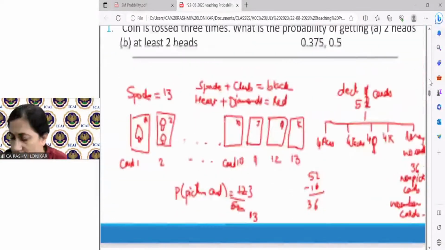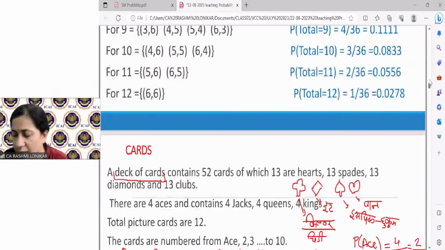Then we talked about cards. There are 52 cards. Out of them, 26 are black and 26 are red. The black ones are spades and clubs. There will be 13 cards of spades and 13 cards of club, and 13 cards of heart and 13 cards of diamond for the red ones.